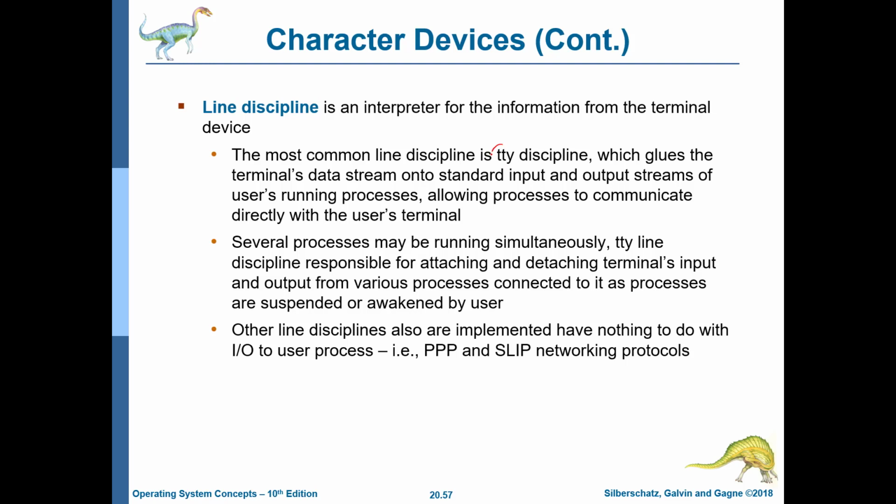So line discipline is basically an interpreter for the information that is received from a terminal device. You would see many of these processes if you run the ps command in Linux, particularly ps -ef, which will show you the processes in the entire system. What these terminal processes do is that they accept input from the user or provide output to the user, in the sense that they liaise with standard processes. They implement what is known as the standard input of a process or the standard output of a process.